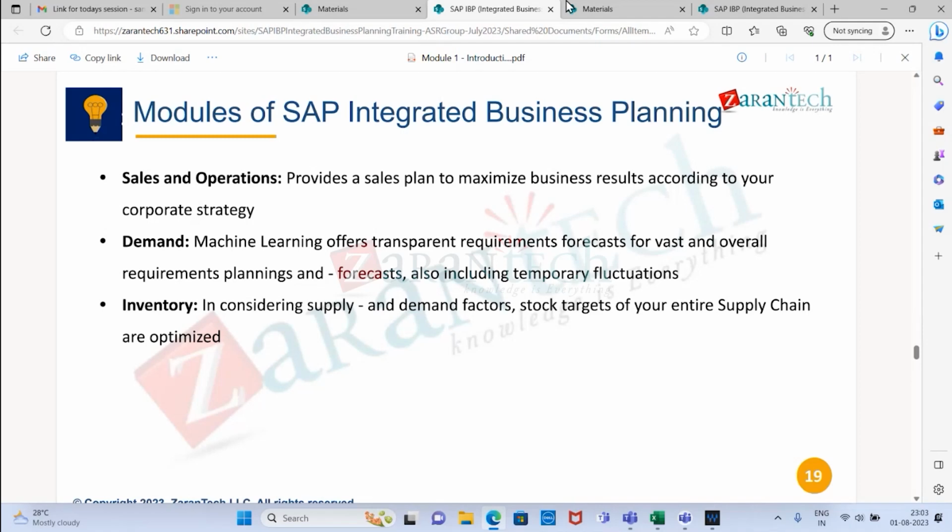With respect to the demand, of course, this is an extremely important parameter. It gives the transparency in the forecast at various levels of the planning, including the temporary fluctuations.